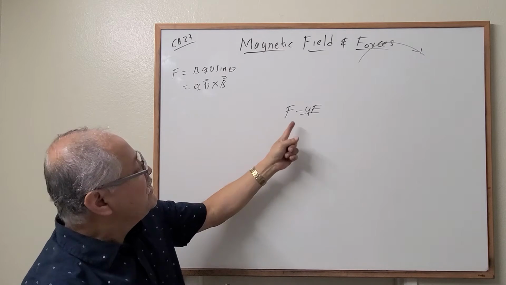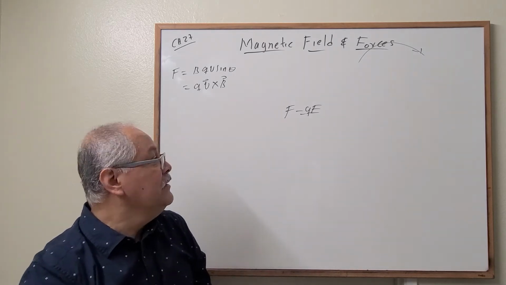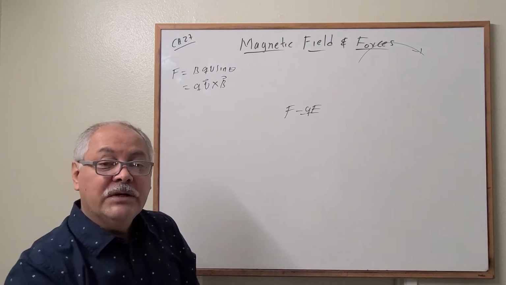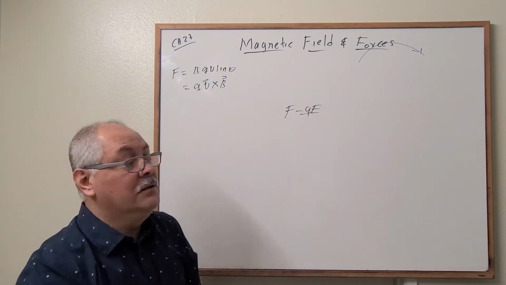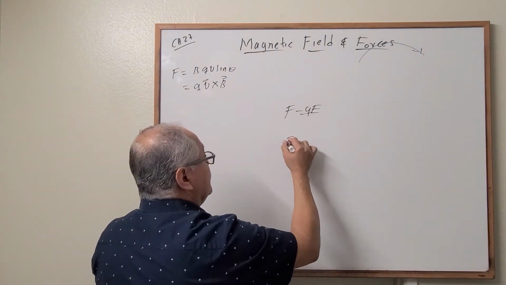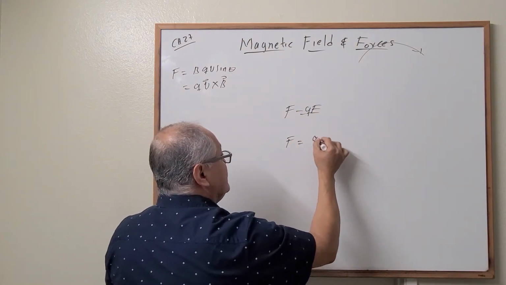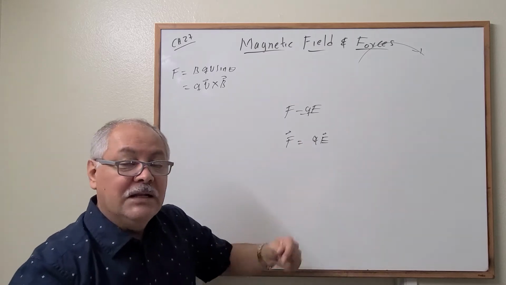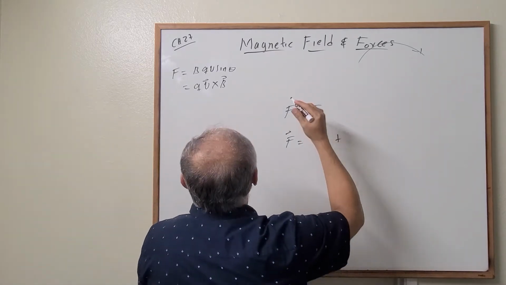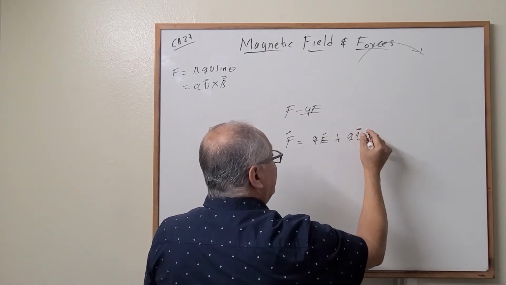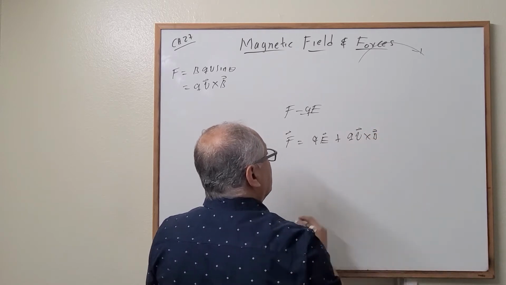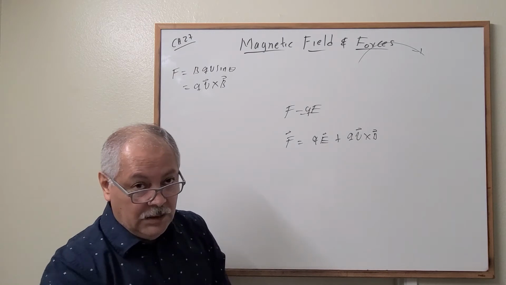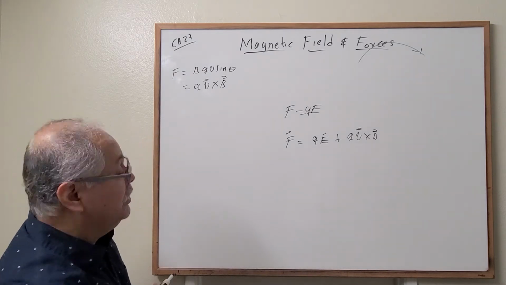Now what happens if we introduce the electric forces? Then we can find the total force on a charged particle. The total force is going to be the electric force plus the magnetic force, which is charge times V cross B, the magnetic force on the charge.